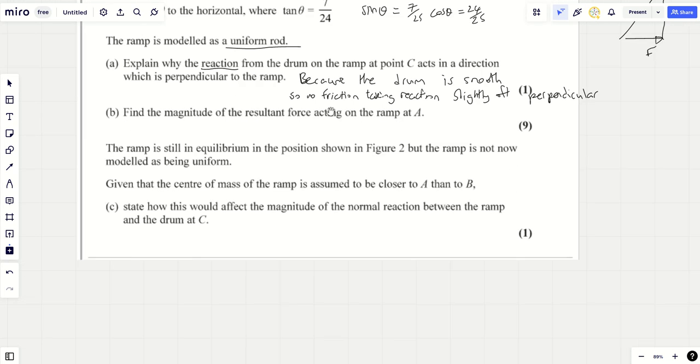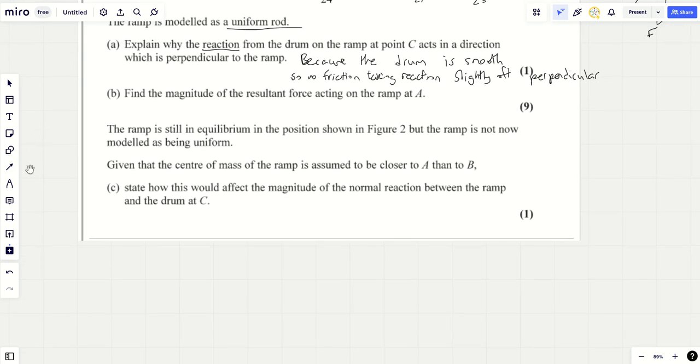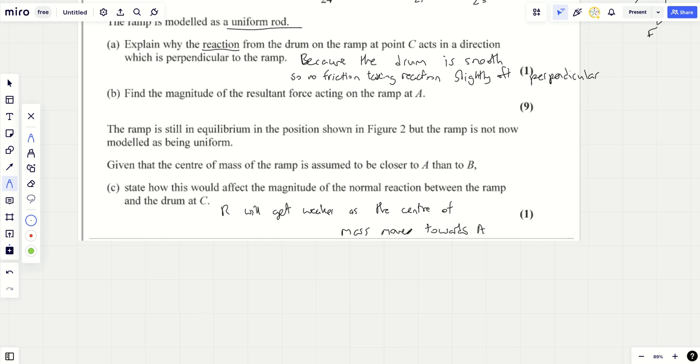And so R will get weaker as the centre of mass moves towards A. And that is the end of the question. Yeah, that's it, and that'll get you the marks, I hope.